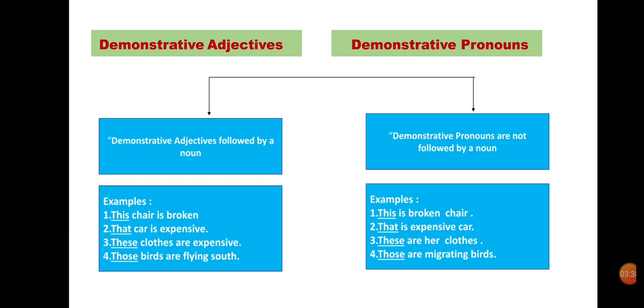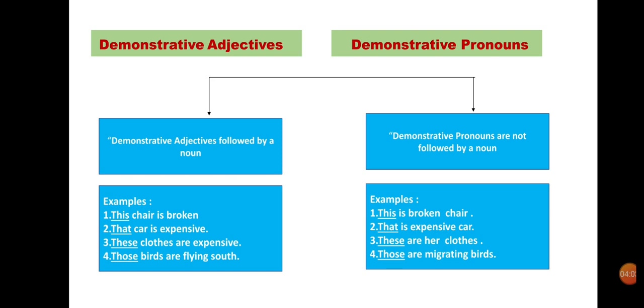Whereas in demonstrative pronouns, this is followed by a verb, is. So in the remaining sentences also you will find the same difference, that demonstrative adjectives are followed by the noun and pronouns have a verb after them. So it's very easy to identify whether it's a demonstrative adjective or a demonstrative pronoun.